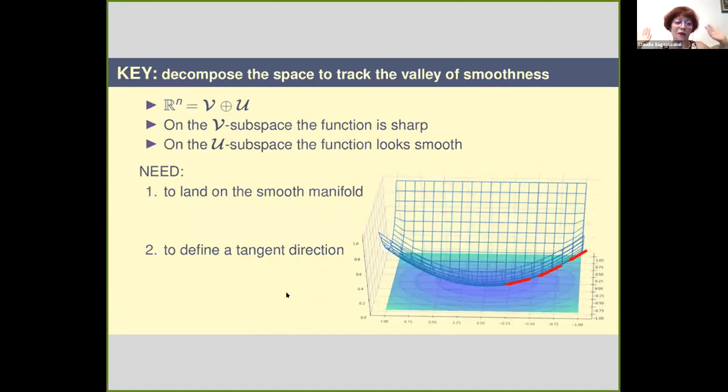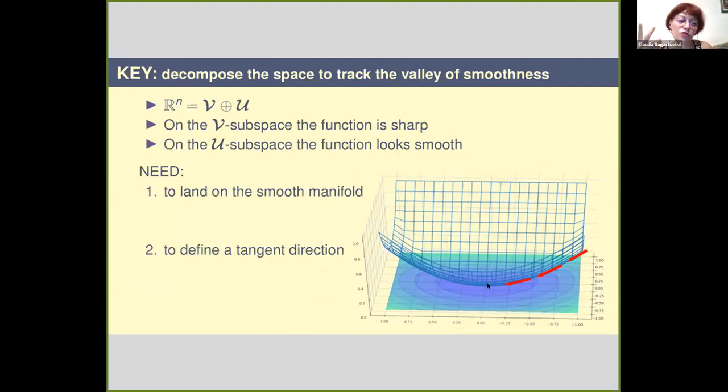So now we are almost done. We need to land on the smooth manifold, and once we are on the smooth manifold, we need to make a Newtonian move. For that, we need to define a tangent, the red arrows, a tangent direction that will allow us to move fast in the direction of the minimum that is here.